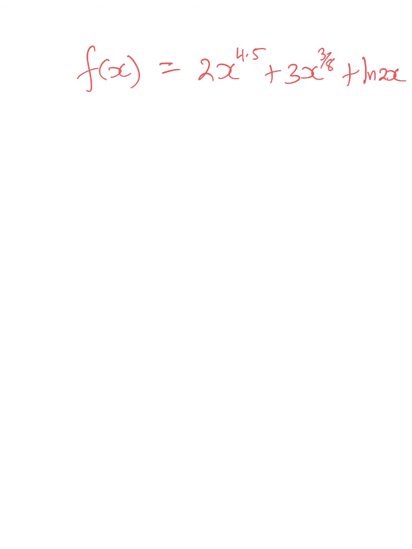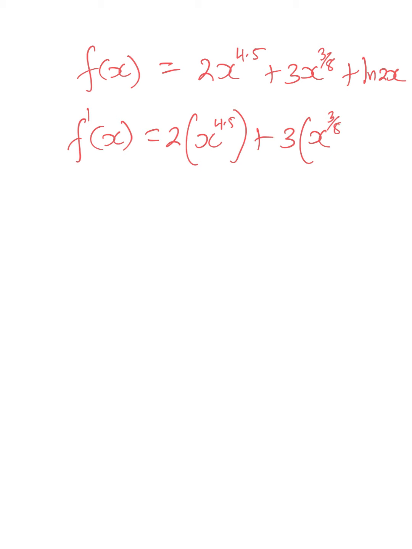So what's the derivative? f prime of x is going to be 2 times the derivative of x to the 4.5, plus 3 times the derivative of x to the 3 over 8, then plus the derivative of natural logarithm of 2x.